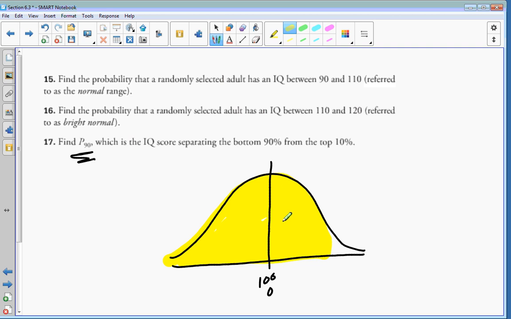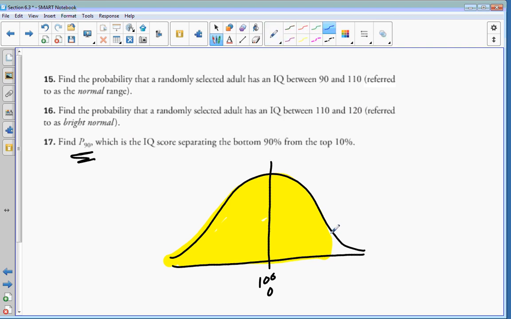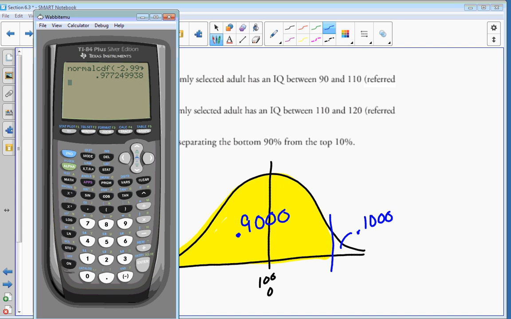Again, if it's the 90th percentile, that means that the area here is 0.9000, and I want to know what the IQ score is that separates them. Of course, this is going to be 0.1000. Again, they have to add up to 1. So I'm going to go to my calculator.